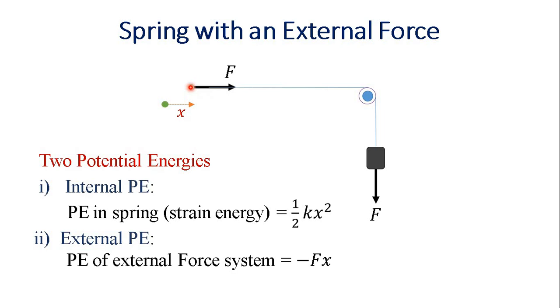And if this node gets displaced to the left, then its potential energy is going to get higher, right? And if you assume that the potential energy of the external force system was 0 when the spring was relaxed, that is, this node was at this location, then after displacement in positive x, the potential energy gets reduced. That is why we put this negative sign.